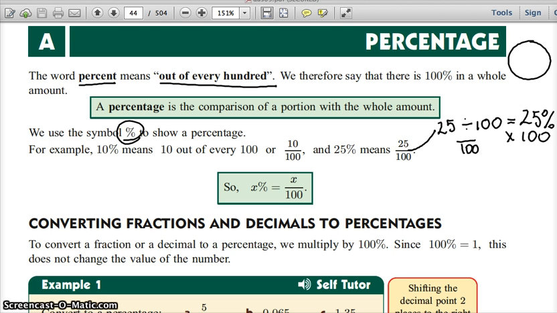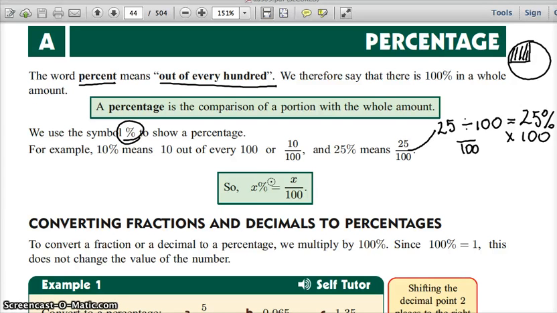And if you're thinking of your whole pizza, that 25% of that is that part in there. Out of the whole 100, only that much is being discussed at this point. If there was 25 out of 100.